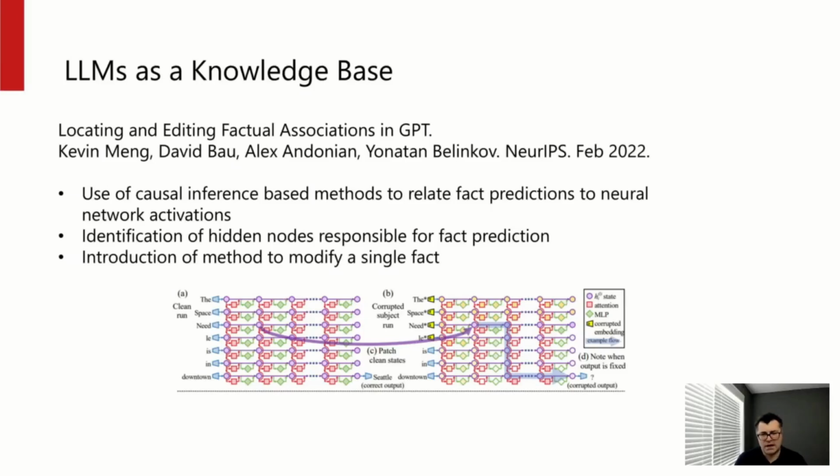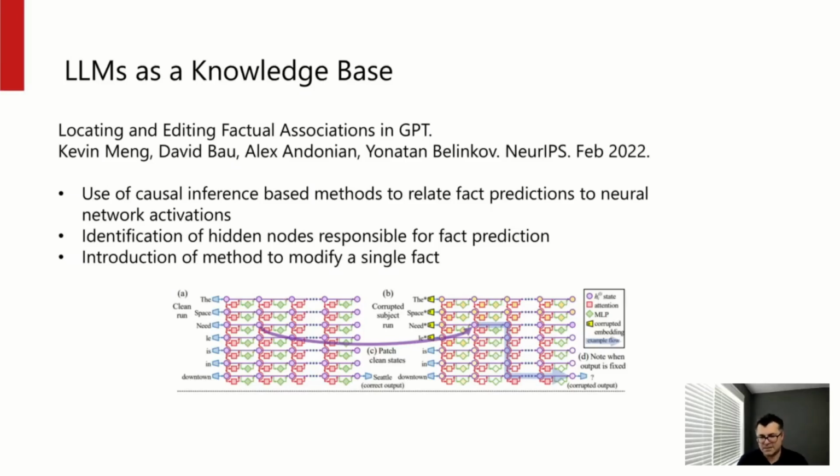There's a paper which I shared in my last webinar as well. It's from NIPS in 2022, where what they did in this paper is try to understand how large language models are maintaining facts. They looked at certain facts.